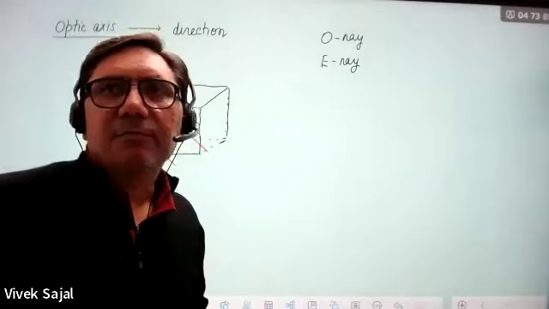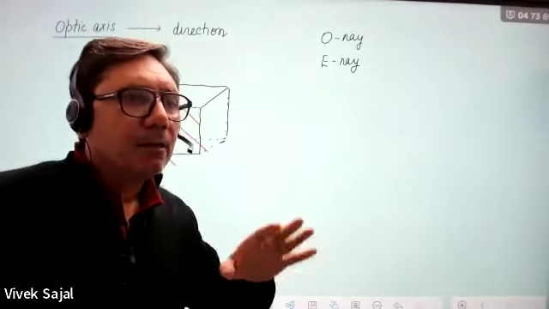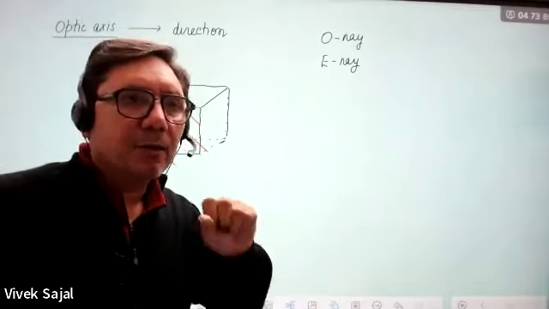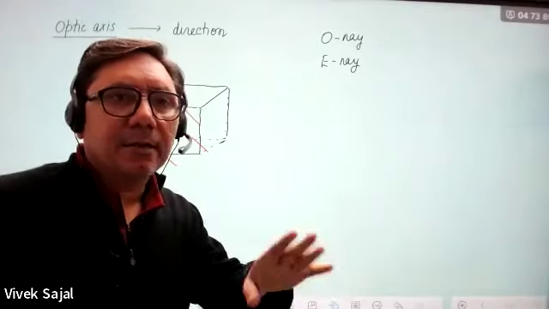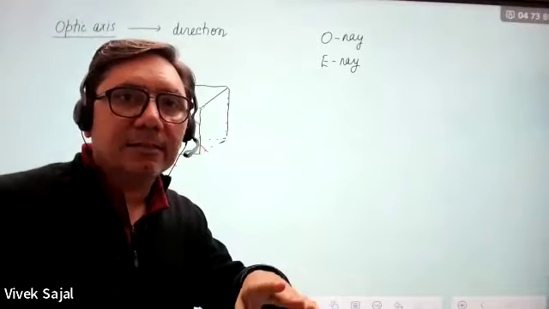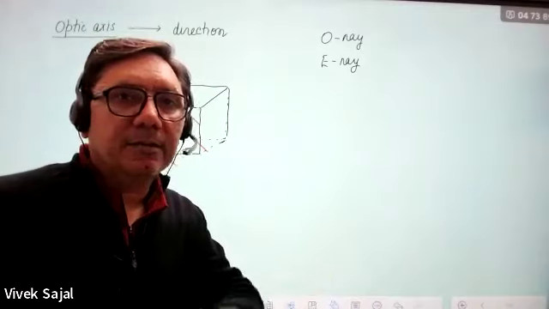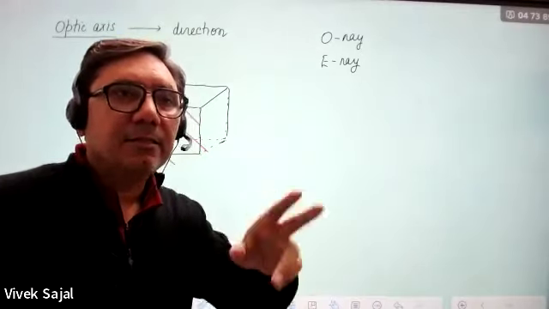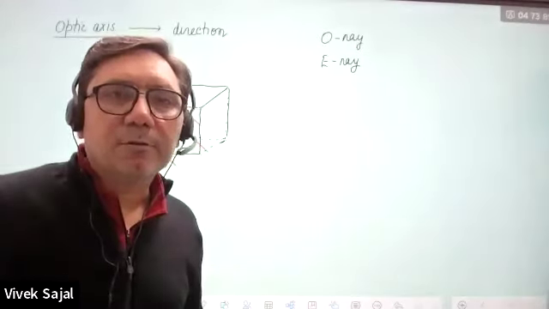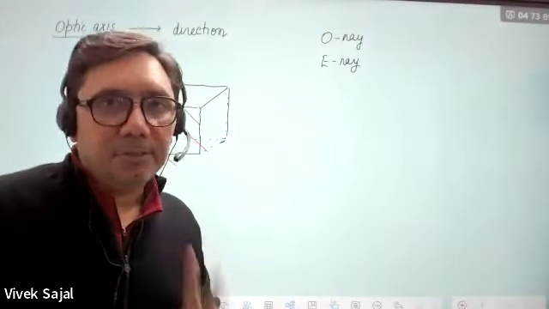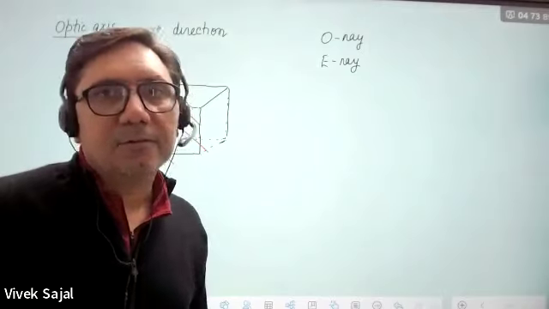If someone asks you what is the optic axis for a doubly refracting crystal? For a doubly refracting crystal, optic axis is the only direction along which both the refracted rays, ordinary ray and extraordinary ray, travel with the same speed.